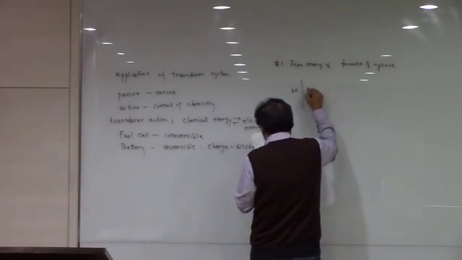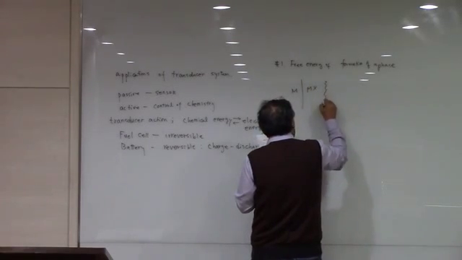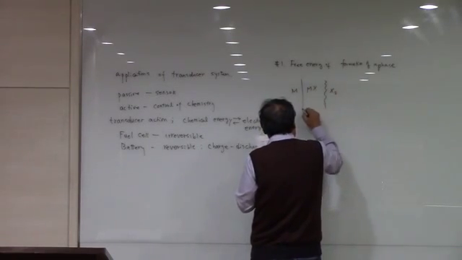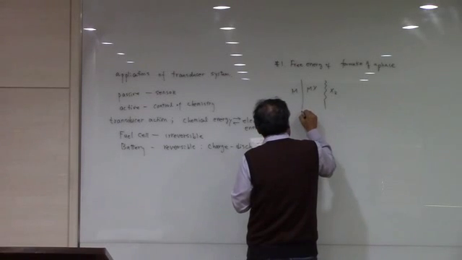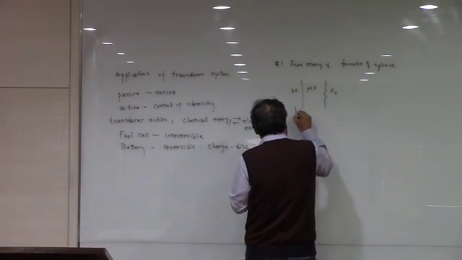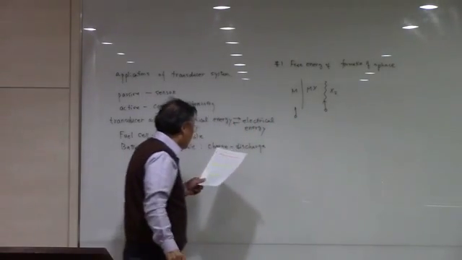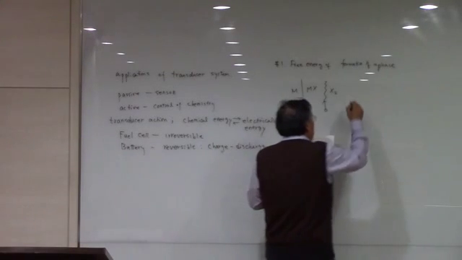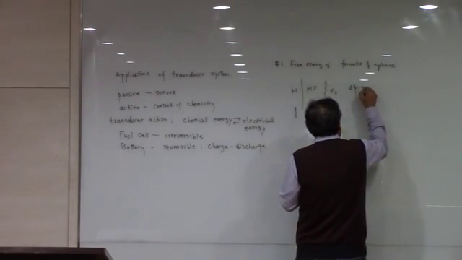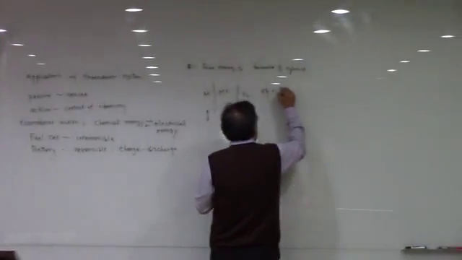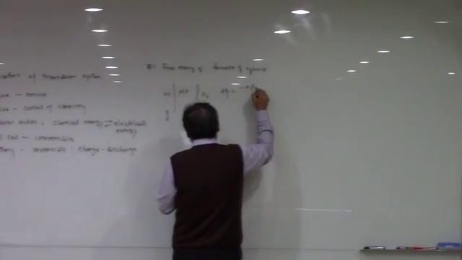So the system is going to be, for example, X2 gas. We have a system, something like this. Then here the electric potential is related to the chemical potential.